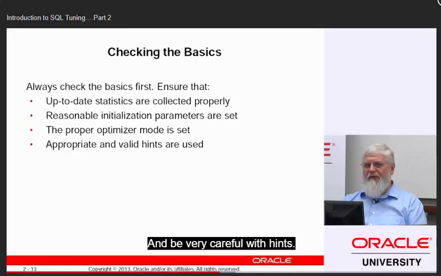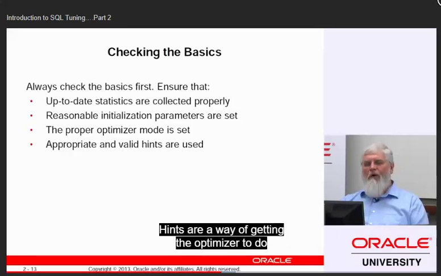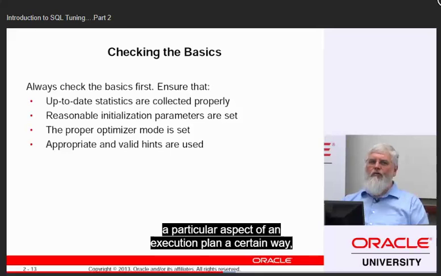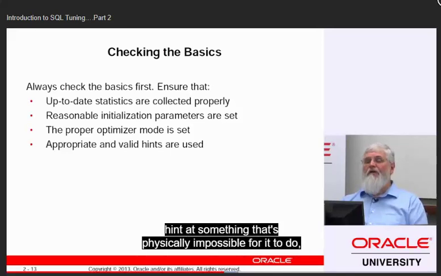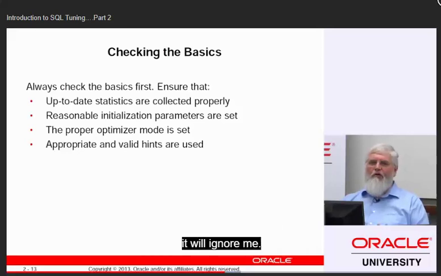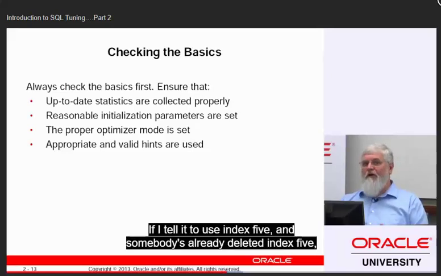And the reason why we call them hints, if I hint at something that's physically impossible for it to do, it will ignore me. If I tell it to use index 5 and somebody's already deleted index 5, it says, Trevor, nice try. I'm going to have to pick a different access path to do that execution plan.